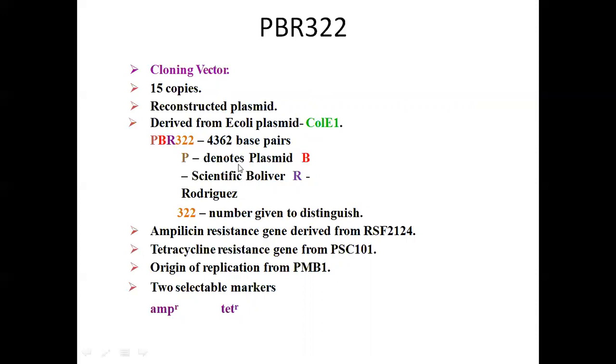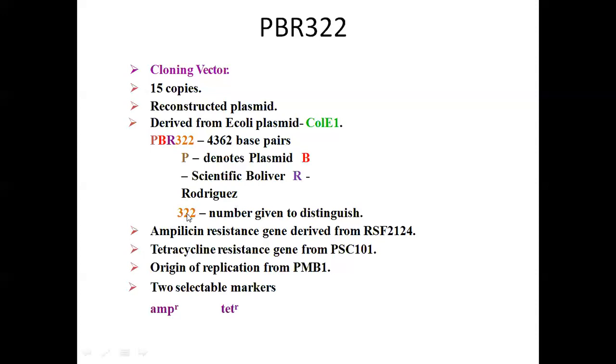Okay, p denotes plasmid, B is for Bolivar, R is for Rodriguez, the scientists' names, and 322 is the number given to distinguish it, because there is a series of plasmids and 322 is the serial number.